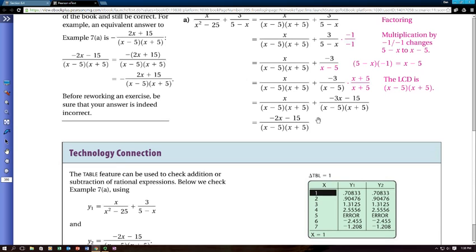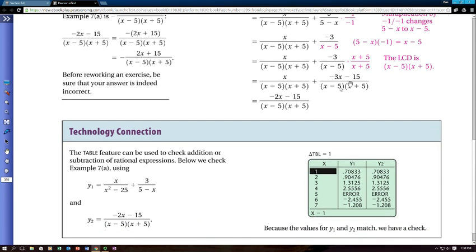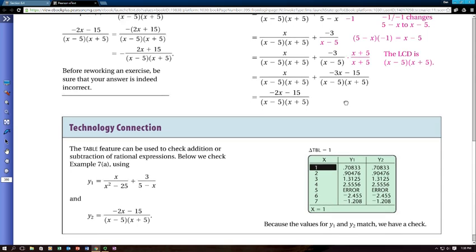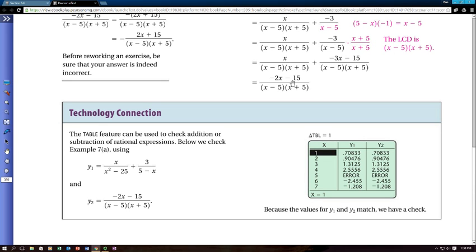So then once I have this common denominator, because we have to multiply this 1 by x plus 5, this one has the right denominator, and I end up with this new polynomial right here of negative 2x minus 15 all over this. Then I check to see if I can prime factor that or factor that anymore. If I can't factor it, then at that point I know my fraction's in simplest form.